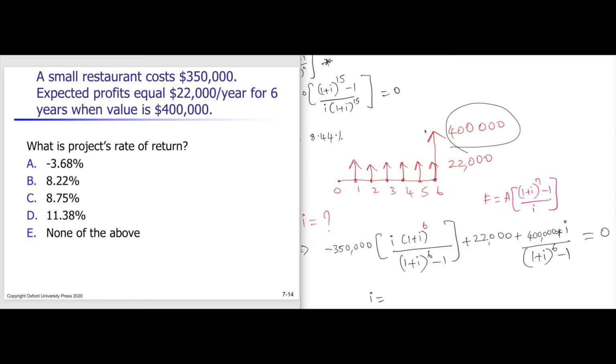plus 22,000 plus 400,000 times I divided with 1 plus I to the power 6 minus 1.